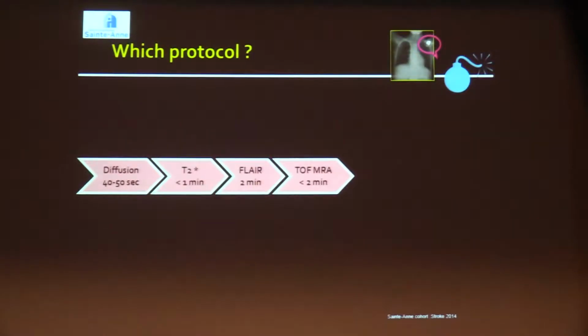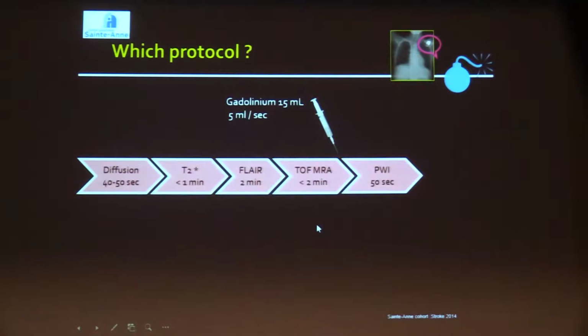To manage to make it in 20 minutes, you have to have a standard protocol, always the same one. And this is the one we typically use for every patient suspected of an acute stroke: first perform a diffusion, a T2 star weighted image to rule out a hemorrhage, a FLAIR sequence, and we can discuss the usefulness of the FLAIR sequence, a tough MR focused on the brain.